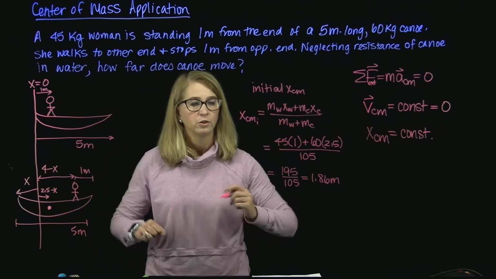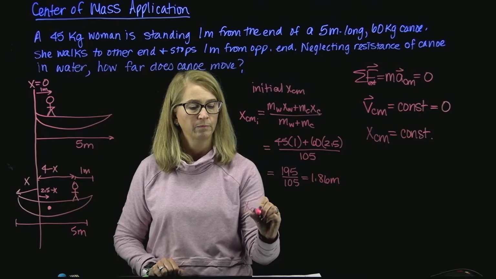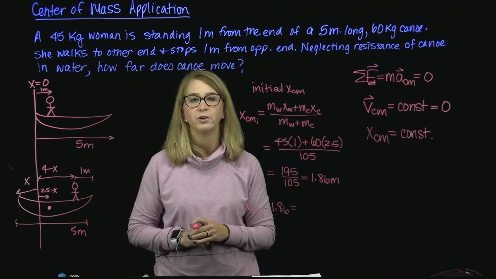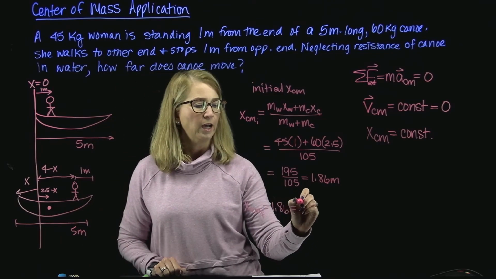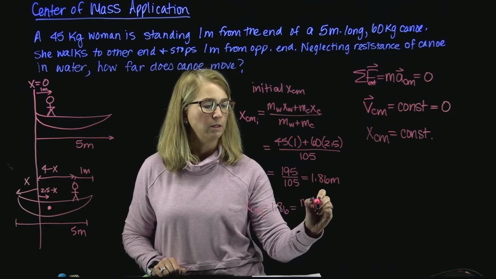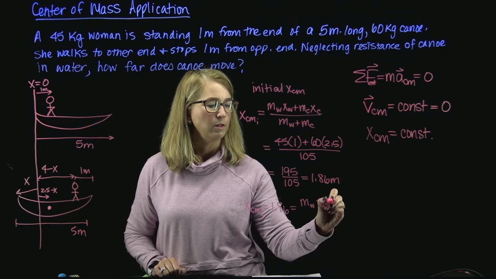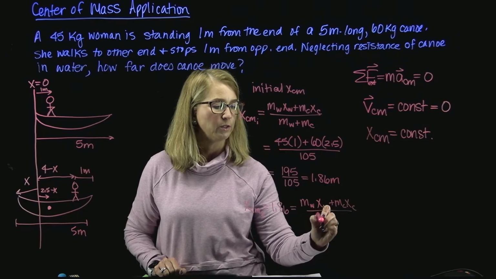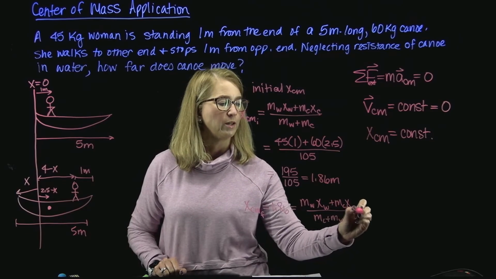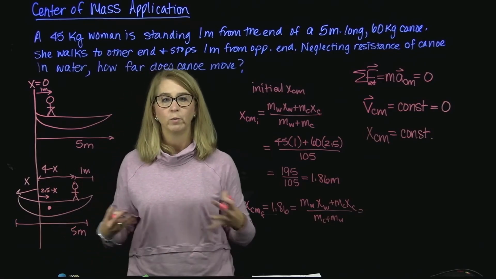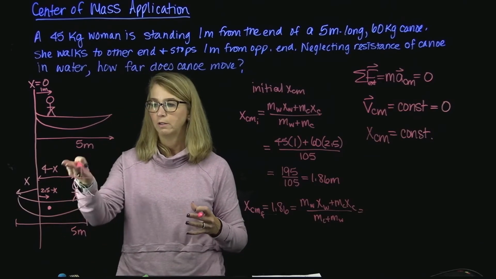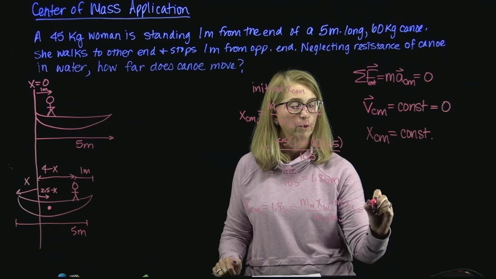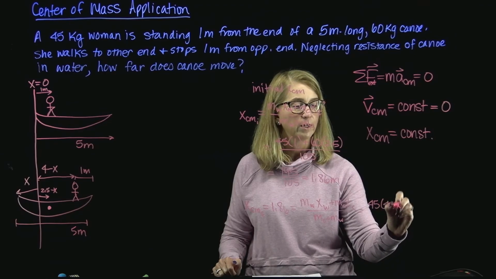So after she walks, we expect that to be 1.86, but we have different values to go into the calculation. We have the mass of the woman, her position, the mass of the canoe, its position, and then the mass of the canoe plus the mass of the woman. But this time, remember, I already labeled where she is and how we could express her position and the canoe's position. So we still have 45 kilograms, but now she's at 4 minus x.